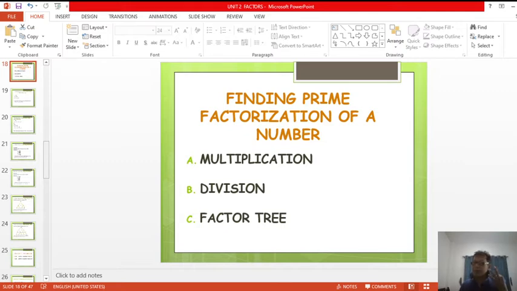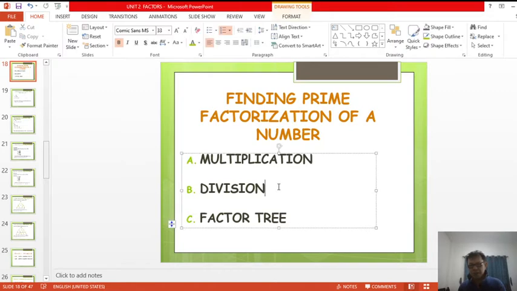We will have three methods of finding prime factorization of a number: multiplication, division, and factor tree. Again, these are the three: multiplication, division, and factor tree. Okay, so let's start with multiplication.